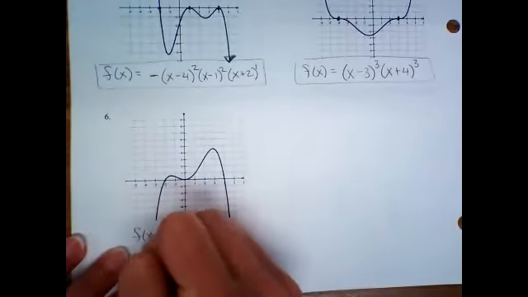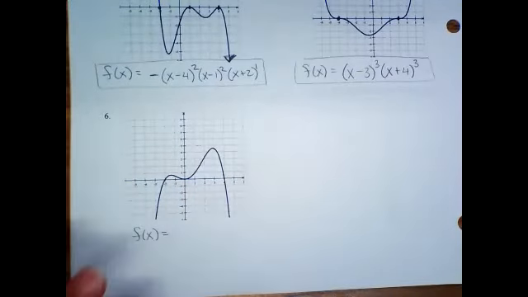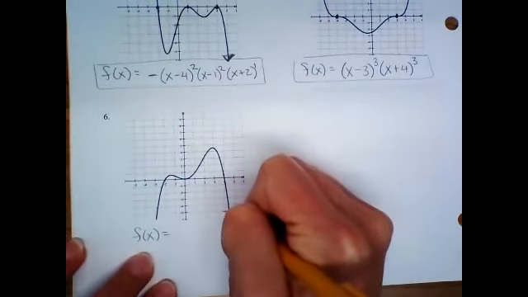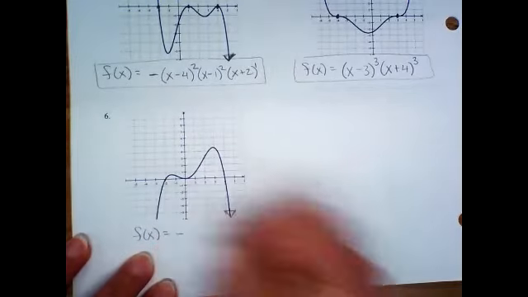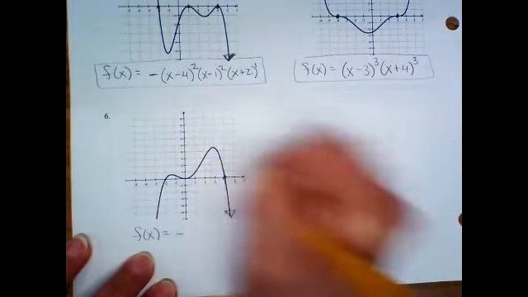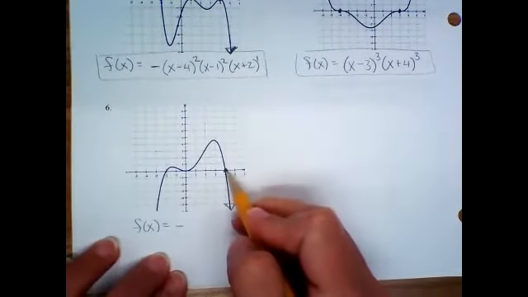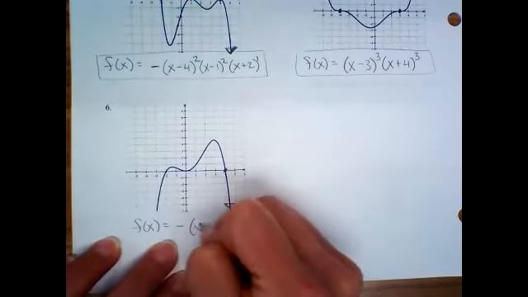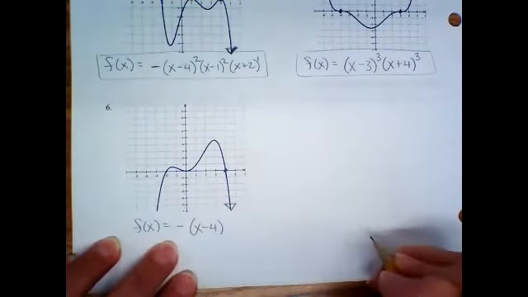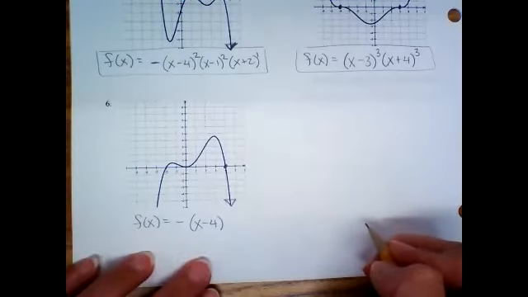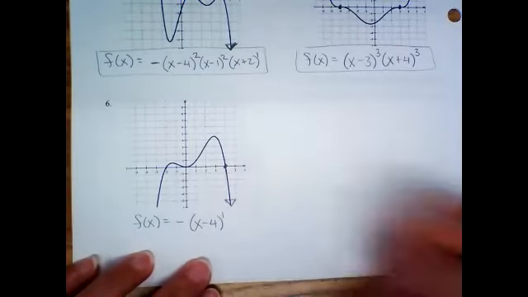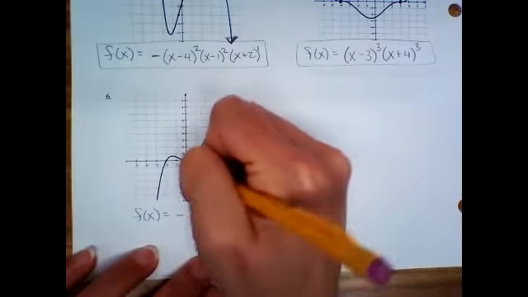And then the last one, f of x equals, what do we need out front? Do we need a negative or no? If you do need a negative, put a negative. All right, and then what's our first factor going to be? Good, x minus 4 to what power? The first, or you just don't have to put anything. This one's a little tricky.